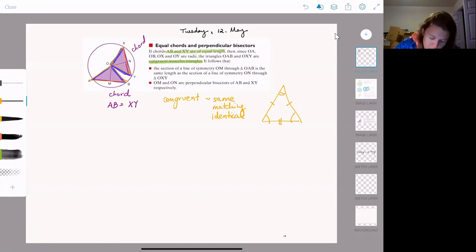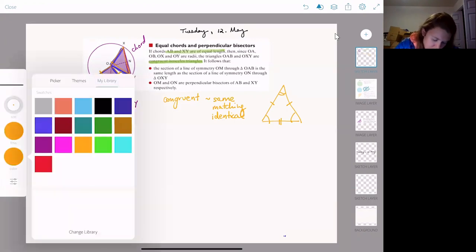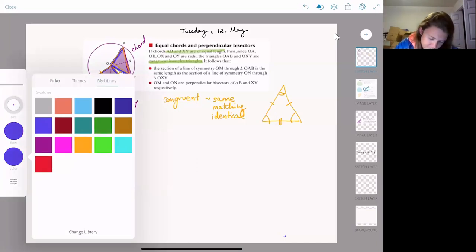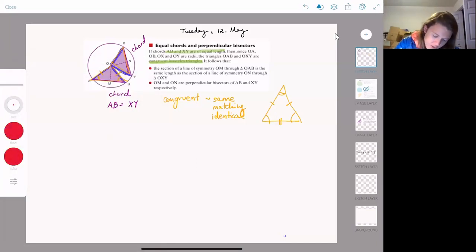So looking here, what that means is this side equals this side, and so therefore this angle equals this angle. Same thing that we can say for this other one. So I know that this side equals this side, and that equals this angle and this angle. And those are the same between the two of them as well.